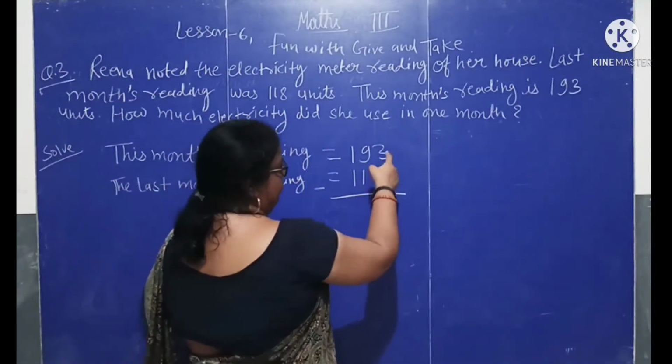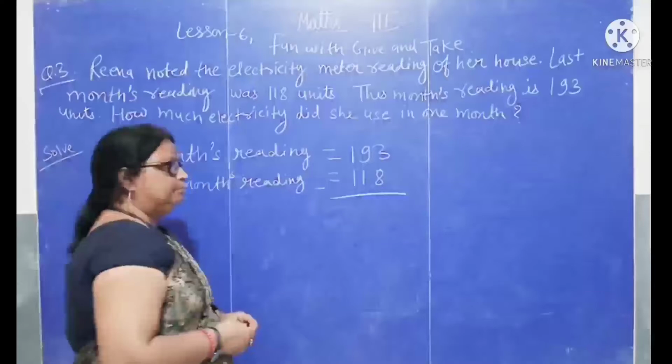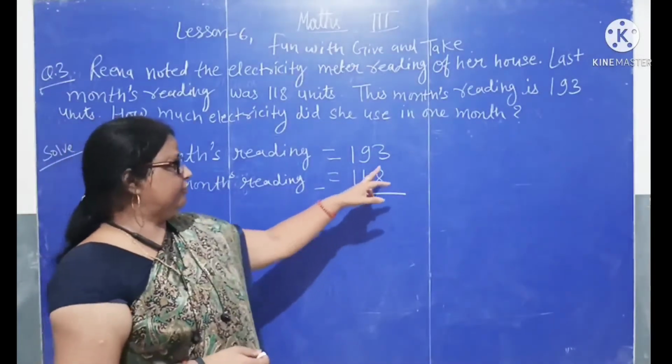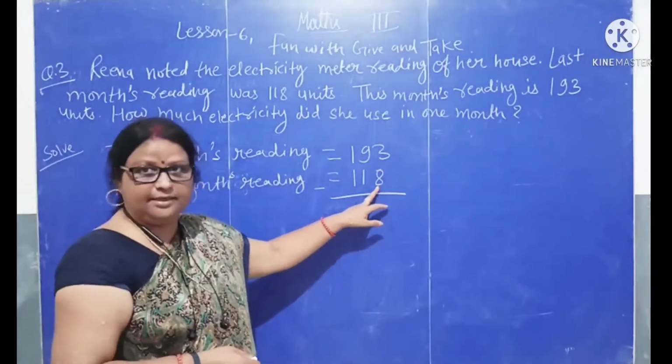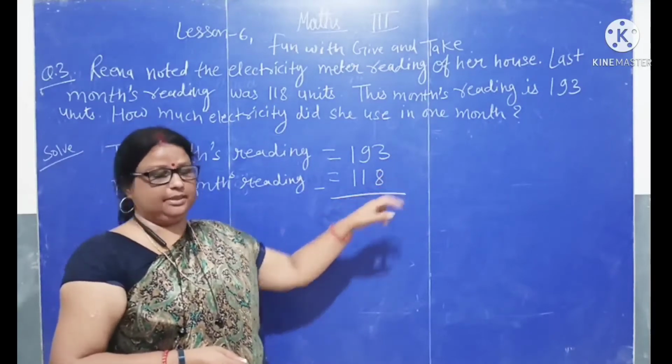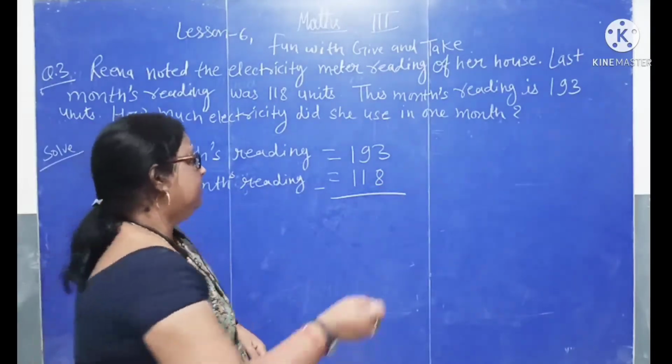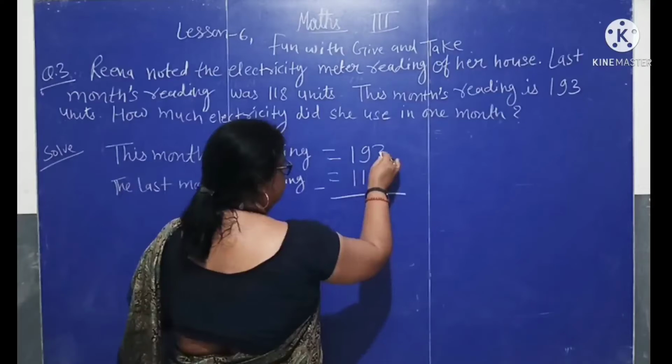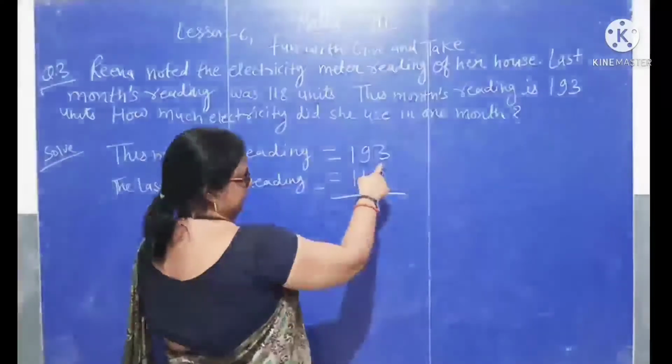We will subtract 8 from 3. But we can't subtract 8 from 3 because 8 is the bigger number and 3 is the smaller number. What will we do? We will borrow 1 from 9.